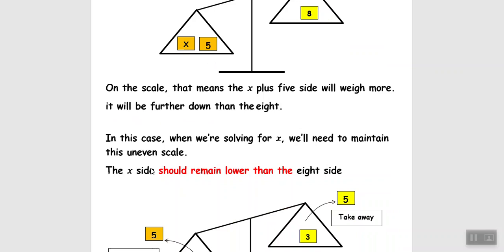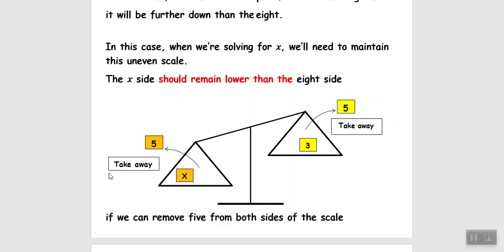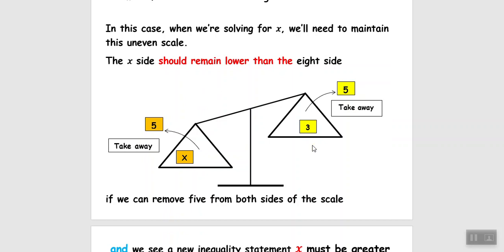In this case, when we are solving for x, we will need to maintain this uneven scale. The x side should remain lower than the 8 side. When we solve the inequality, we should keep the left side lower than the right side.